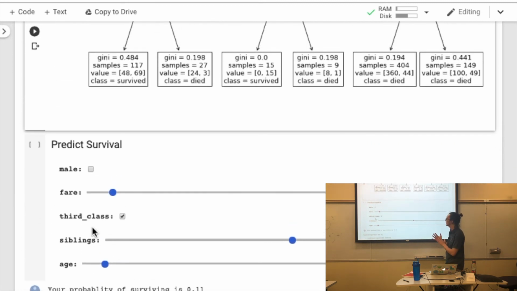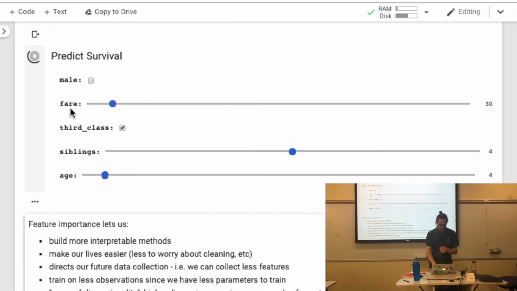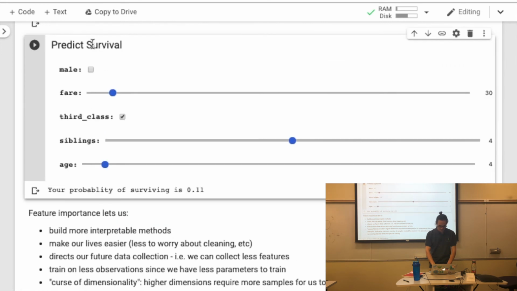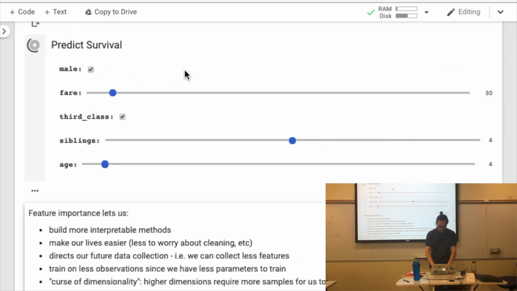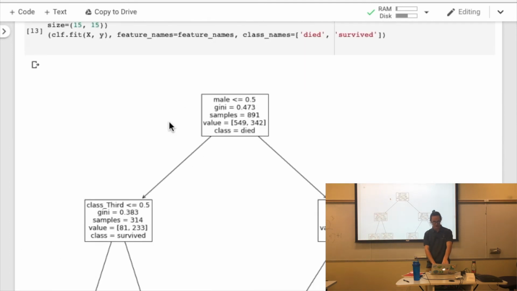So what's fun here is you can predict survival with this box if you run it. I can check, okay, if I am not male, my probability, well, I can play all around with this. So first off, I can select male or not male. Okay, so if you look up at the tree, if you're male, then you're more likely to die.